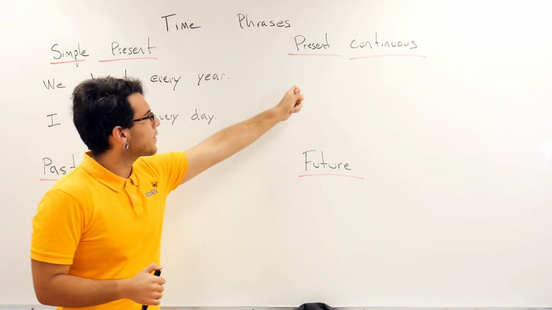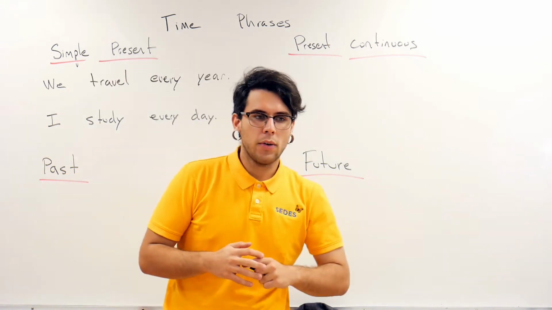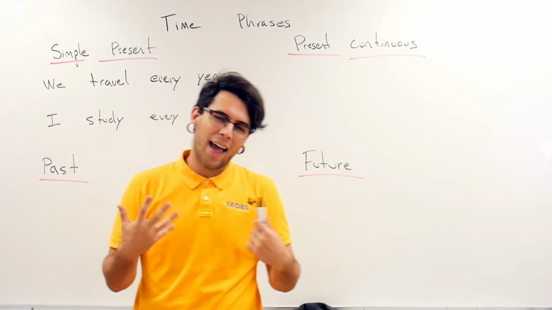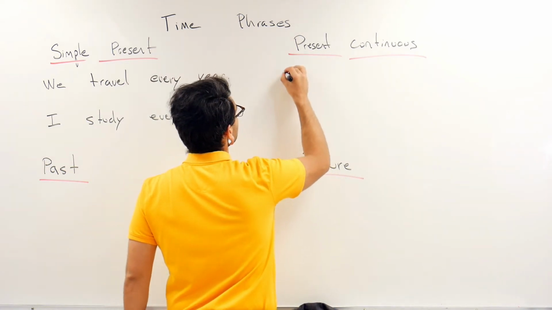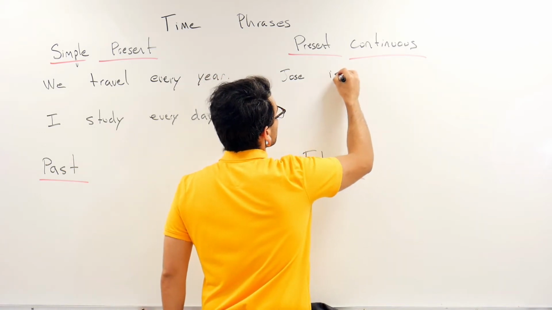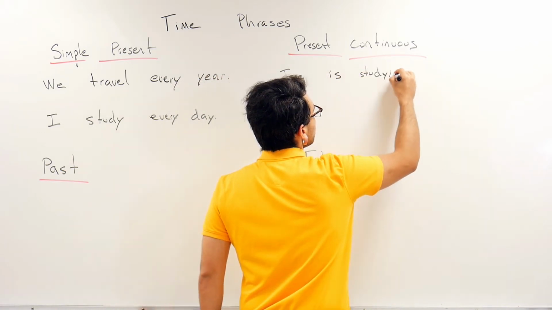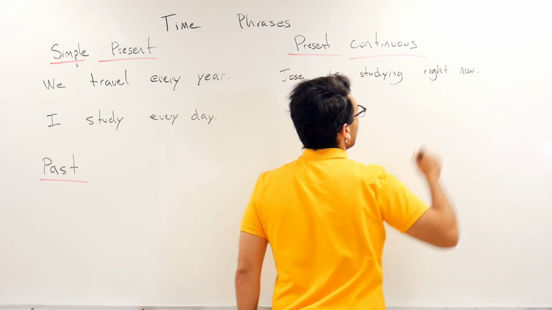We'll go over here next with present continuous. That's whenever you talk about something that is happening at the moment. So we'll start off with the subject of Jose. Jose is studying right now.